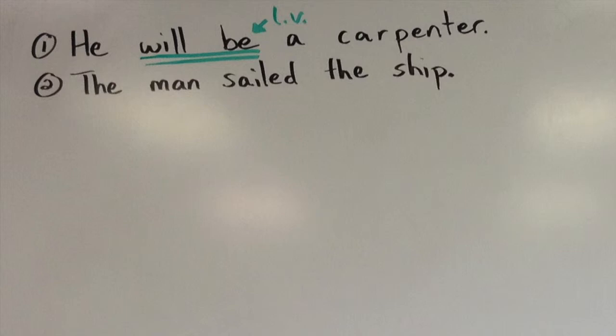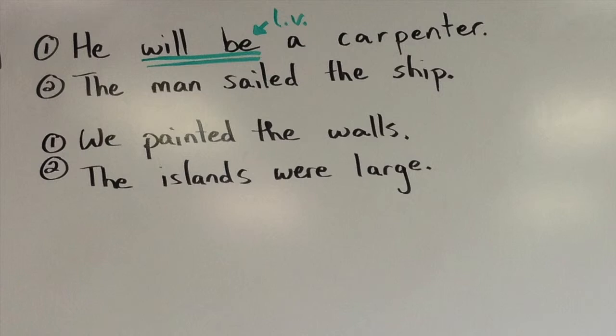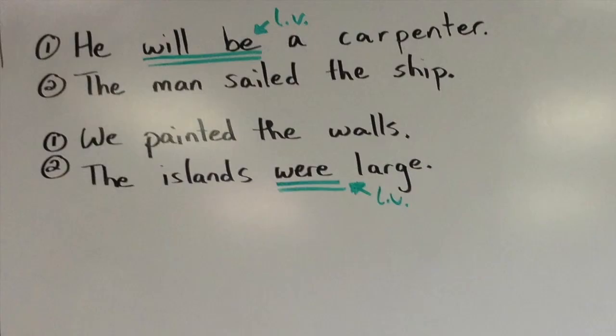Once again, take the time to write down these next two sentences and pause the video if you need to. We painted the walls. The islands were large. Once you've written these down, pause and see if you can figure out which one contains the linking verb. Hopefully you said that the sentence which contains the linking verb is, the islands were large.